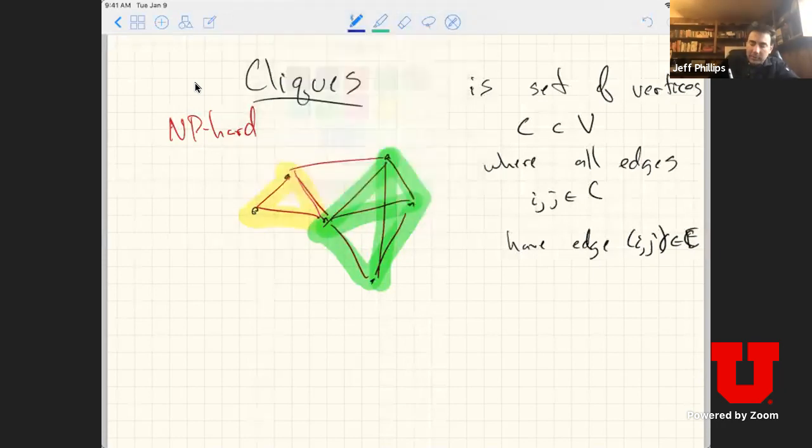Actually, in practice, finding cliques is not too bad. It's basically the a priori algorithm.